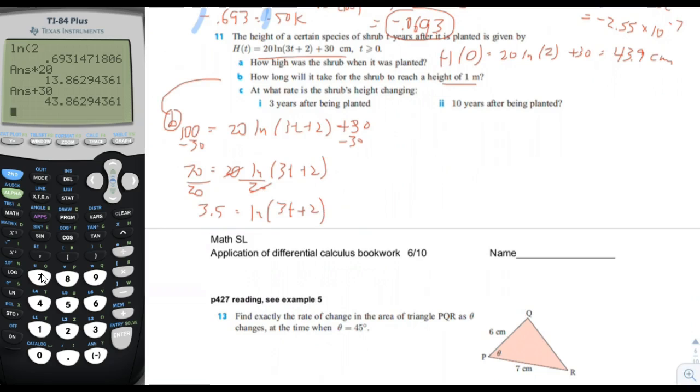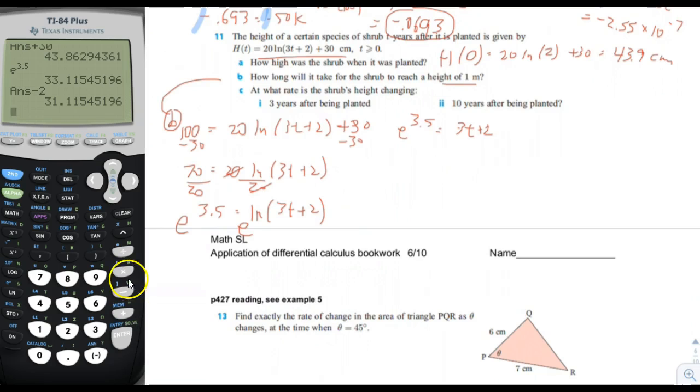Okay, and then now that I have a natural log on one side and not on the other, I can take e to the both sides. So that would be e to the 3.5 equals 3t plus 2. And e to the 3.5 is 33.1, and then I'm going to subtract 2 from both sides.